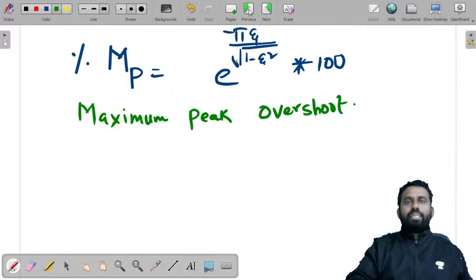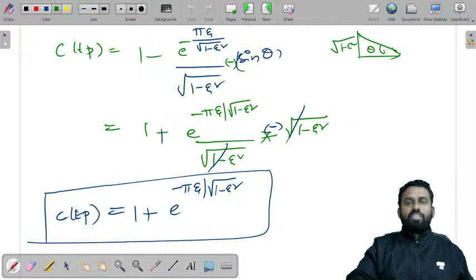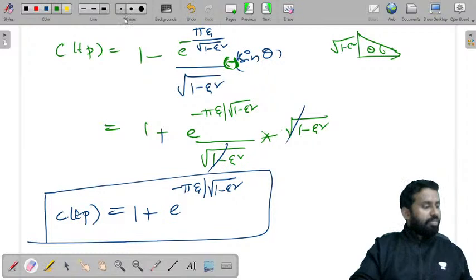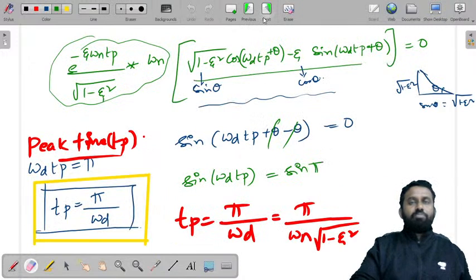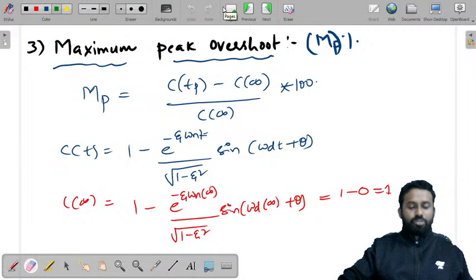Just look at this derivation once again. Here we have just missed this minus, just remember that. So this will be plus, so you don't have a minus here once it is plus, right? So look at this derivation of maximum peak overshoot. We have seen Tp, now look at this maximum peak overshoot derivation.